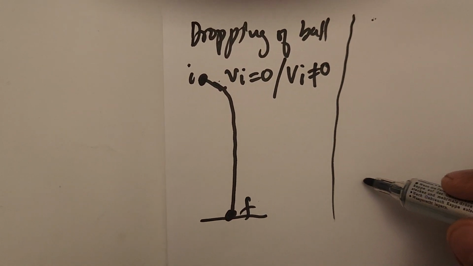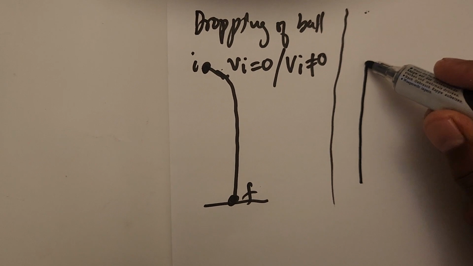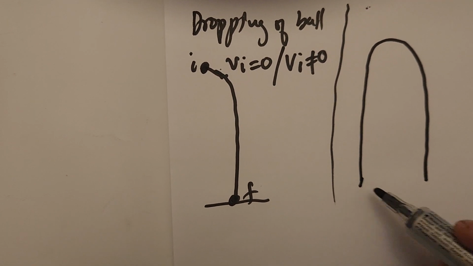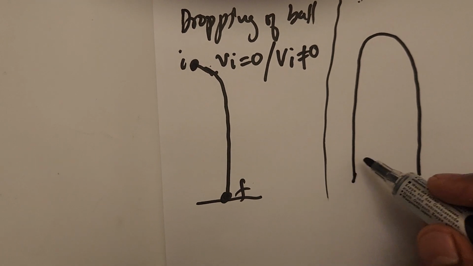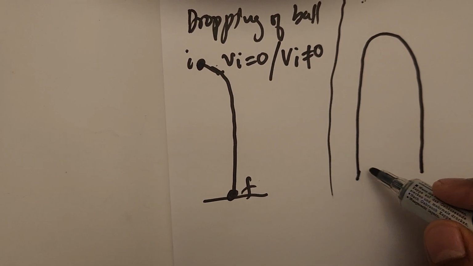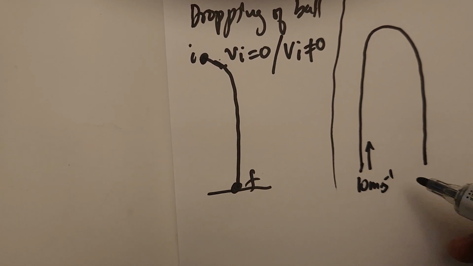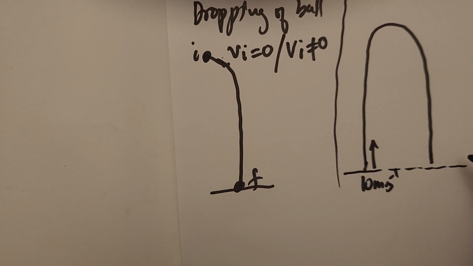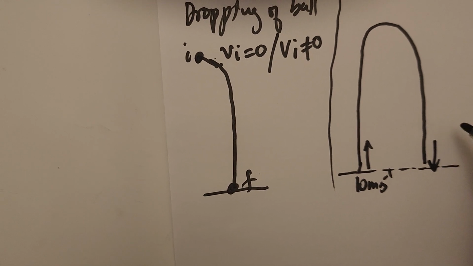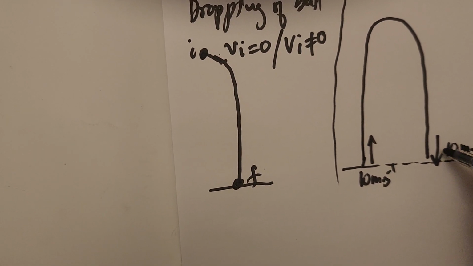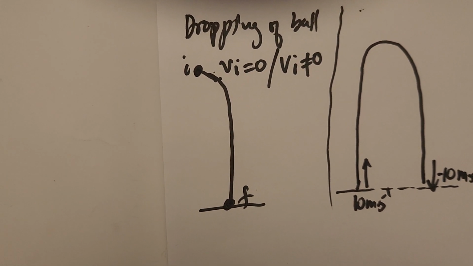Now the second scenario is where the ball is projected at this height and then comes back to the same level. In this scenario, we know that if the ball is going up at 10 meters per second, then when it reaches the same level on its way down, it will also be moving at 10 meters per second. But in this case, it will be negative.